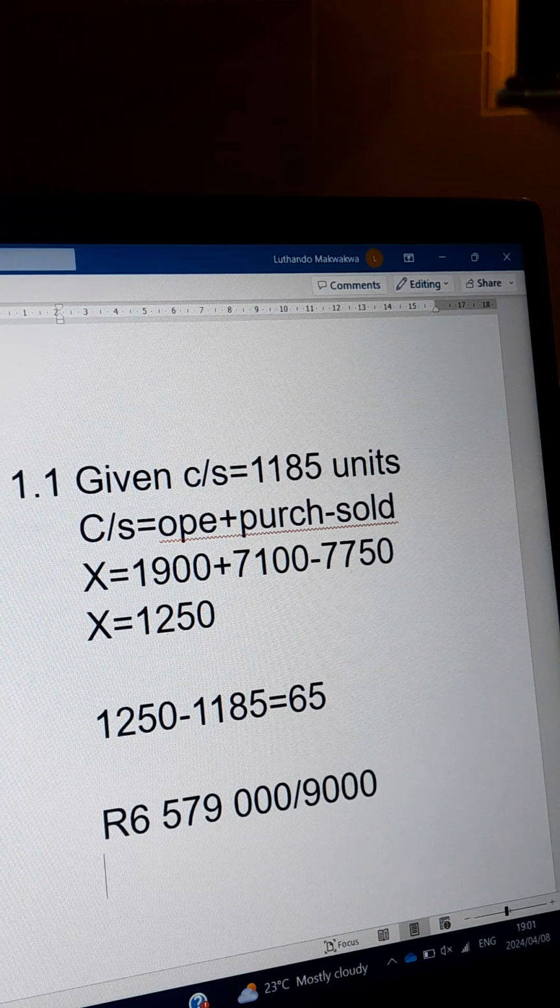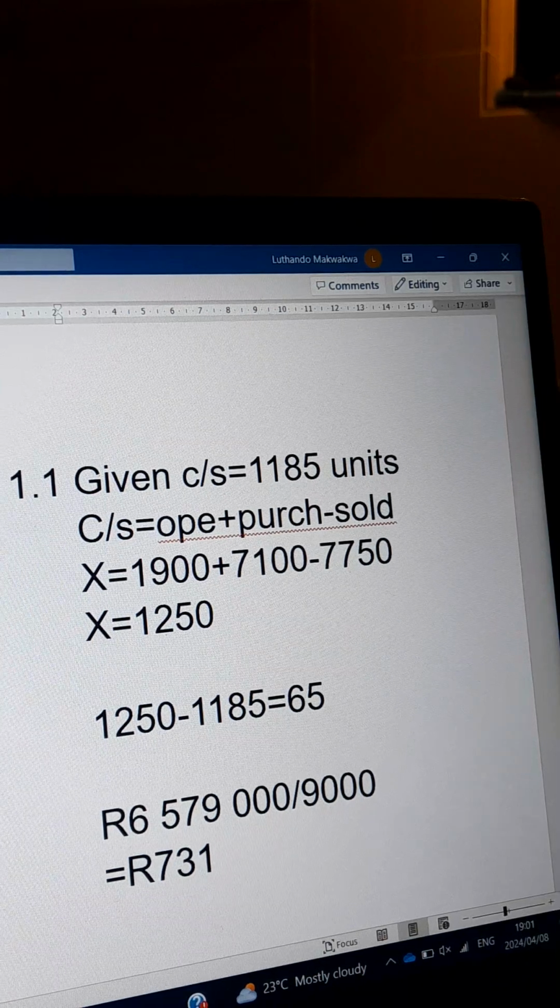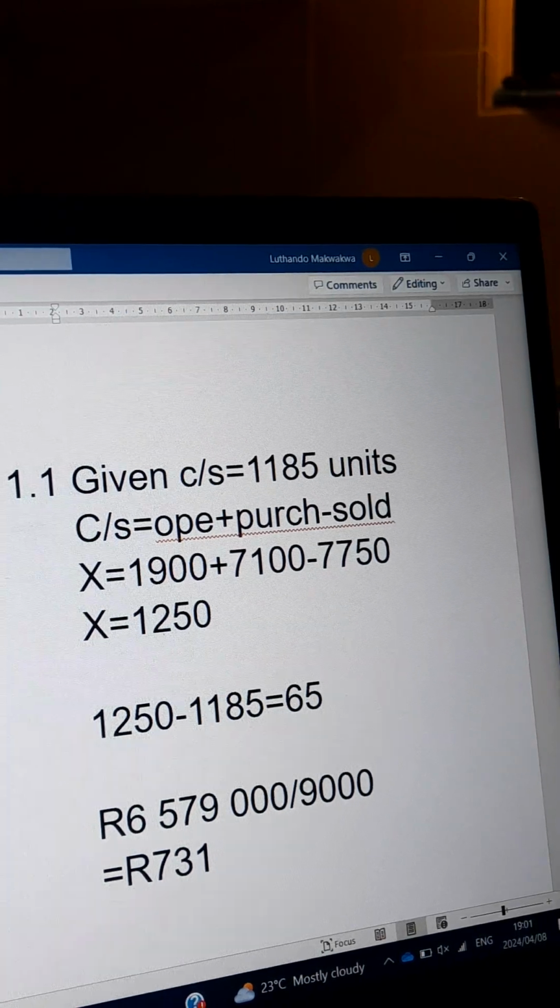This will give us 731, the weighted average price.